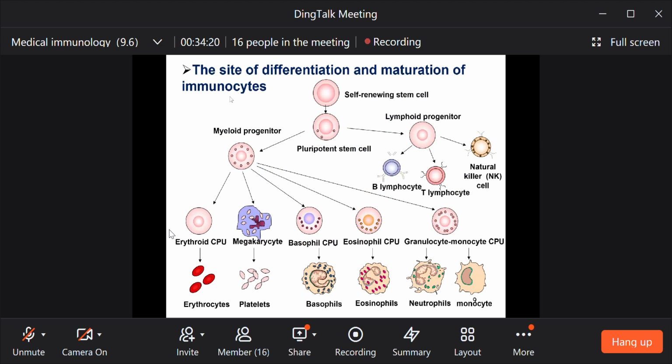One is named myeloid progenitor, and the other is named lymphoid progenitor. The myeloid progenitor and the lymphoid progenitor come from the same parents, but differentiate into different groups of cells.